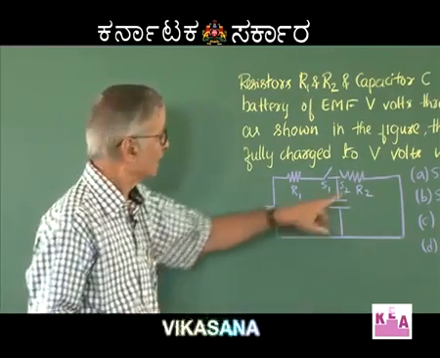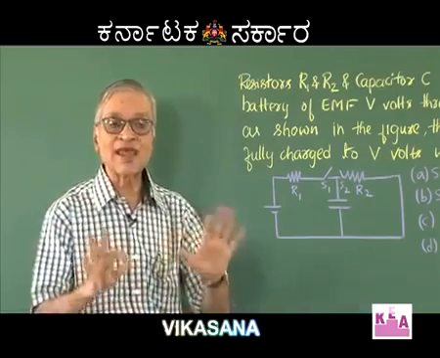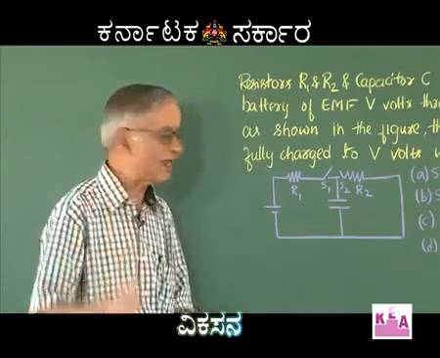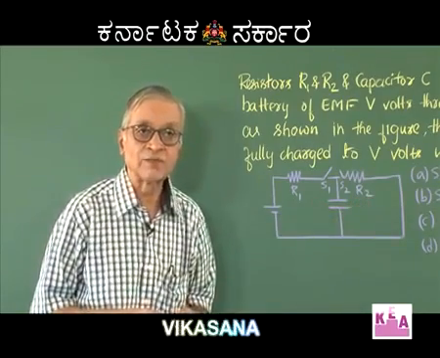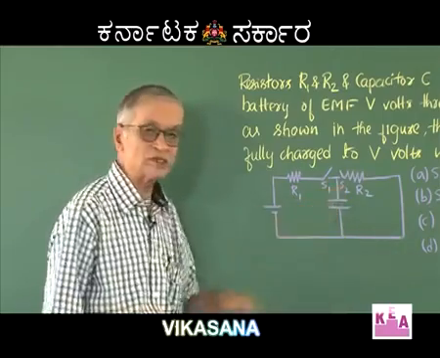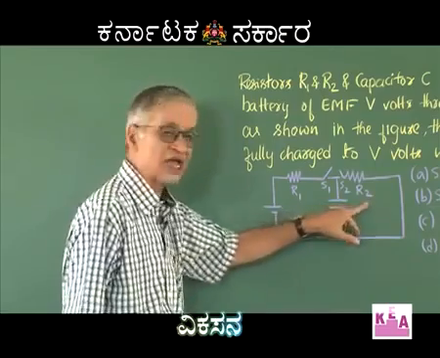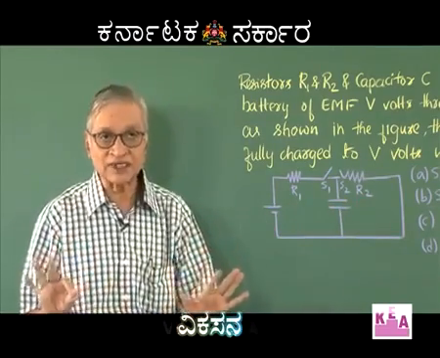If S2 were also closed, as soon as the condenser is charged, immediately the charge would be discharged through the resistor. But if S2 is open, there is no scope for the charge to discharge, hence the condenser will remain completely charged.